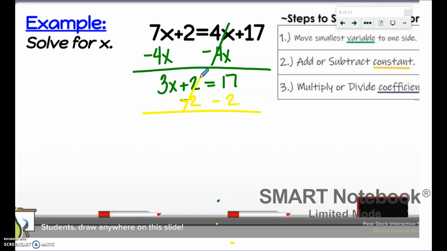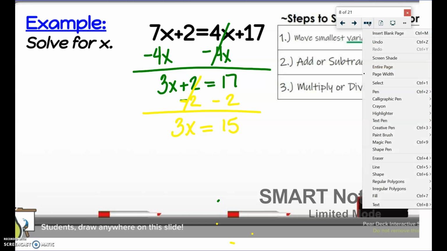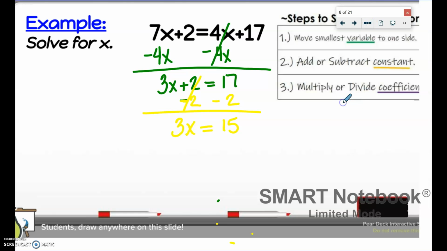And now I'm left with 3x is equal to 15. After I do that, I am then going to multiply or divide my coefficient, and my coefficient is being multiplied, so the opposite is to divide. So I'm going to divide by my coefficient, which is 3, and x is equal to 5, because 15 divided by 3 is 5.